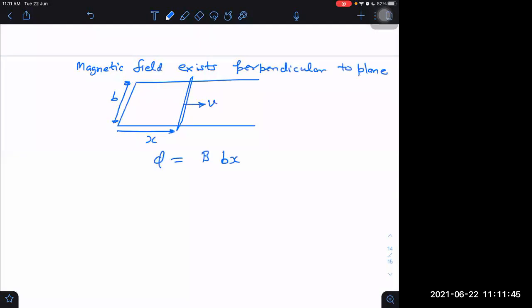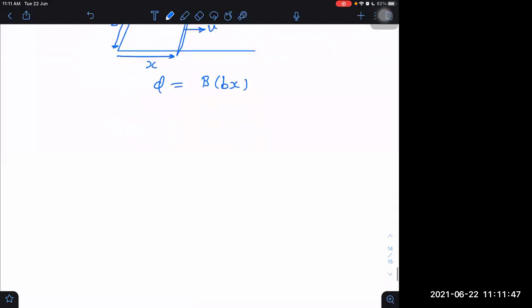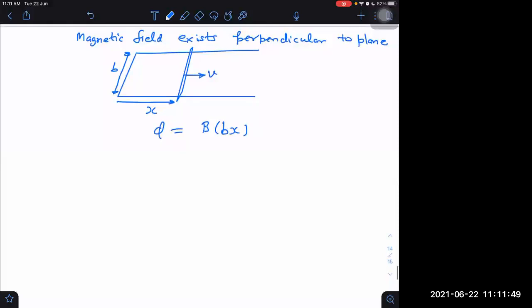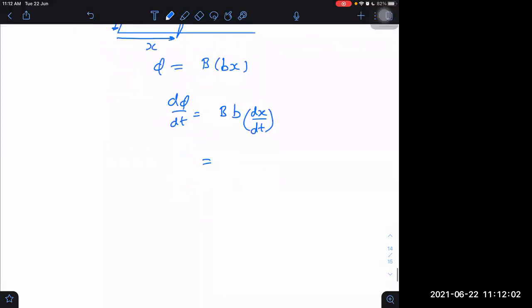Flux will become B into X. Okay. And then dφ/dt will become B into dx/dt. Right? What will it be? B into V into V. That is EMF.